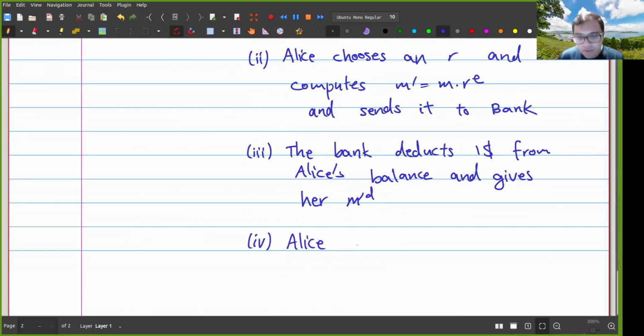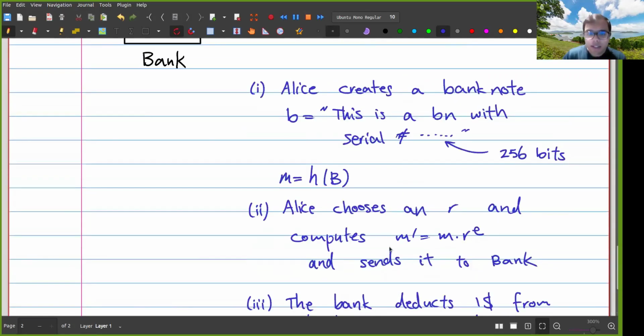Alice computes the signature, M to the power of D, based on what we've seen before, and sends these things to Bob. Well, I want to pay Bob, so I'm going to give Bob the banknote.